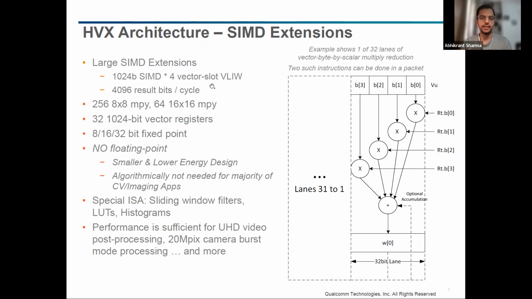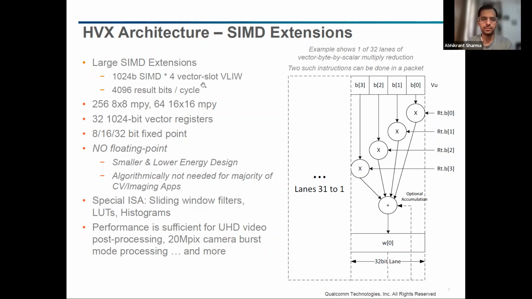But there is an additional thing which is called VLIW, which stands for very long instruction word. You can read about these concepts on the internet. These are fairly generic concepts, and you will get an idea of what these are. But in case of Hexagon, there are 4 dedicated slots for doing vector processing.